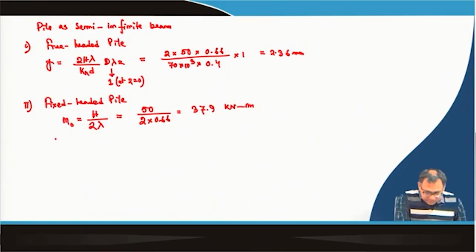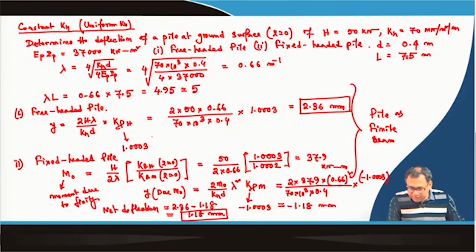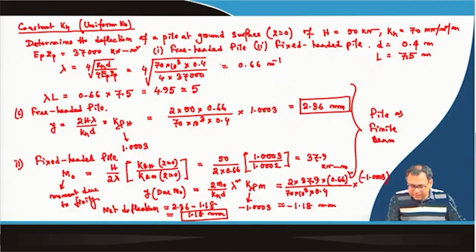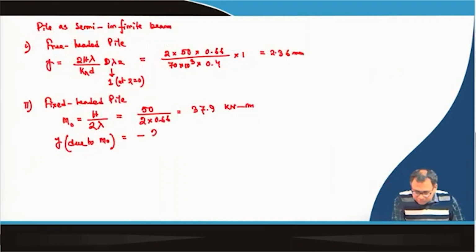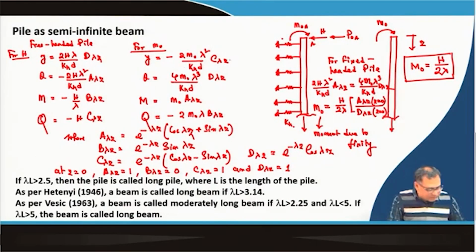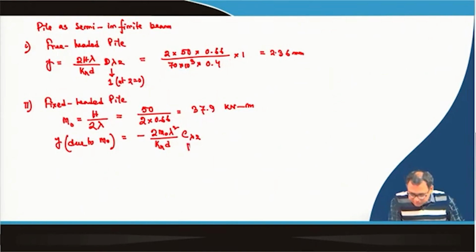So, the deflection due to m0 will be minus, because the deflection due to m is given as minus 2 m0 lambda square divided by k h d into C lambda z, and C lambda z is equal to 1 at z equal to 0.